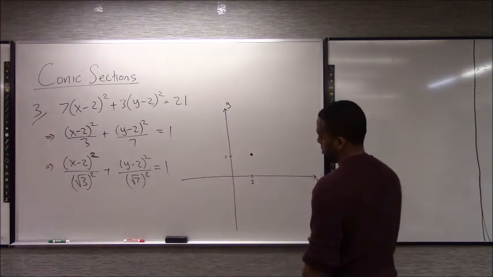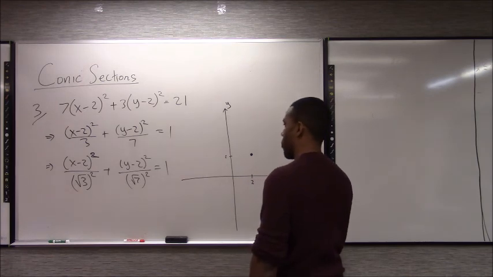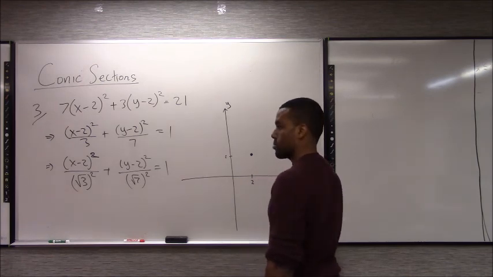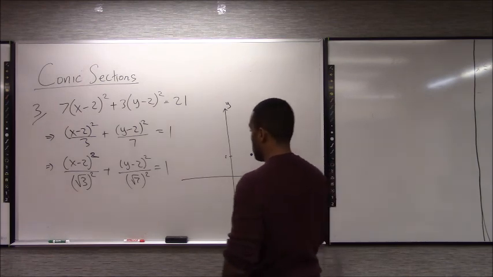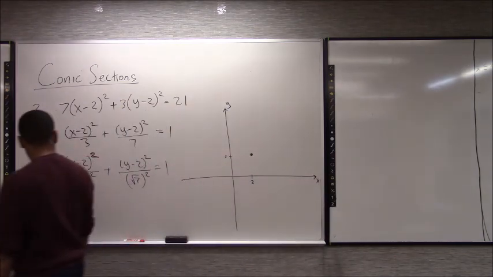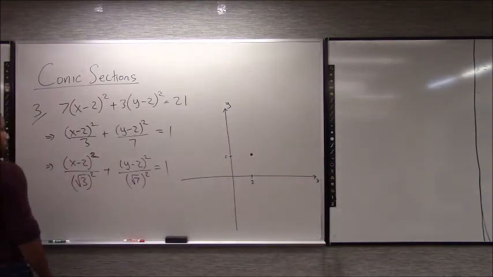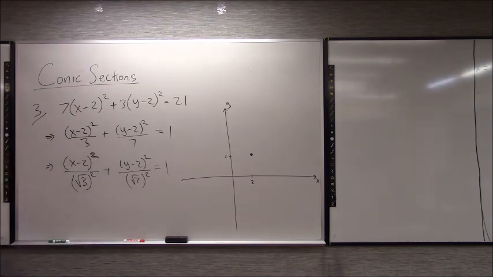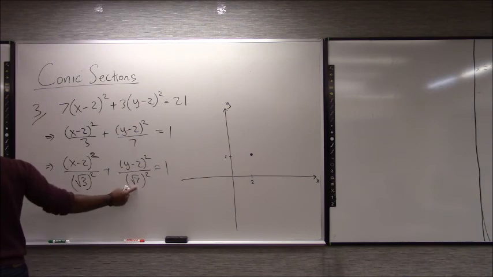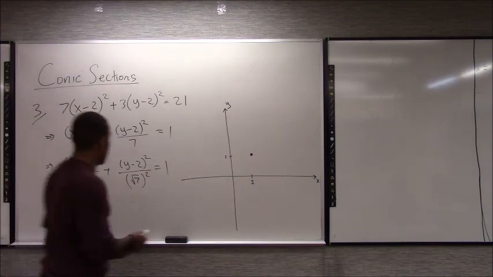Now what do we do? You would move up and down by radical 3. No. Oh, sorry, radical 7. Move up and down by radical 7, that's under the y, and left and right by radical 3.